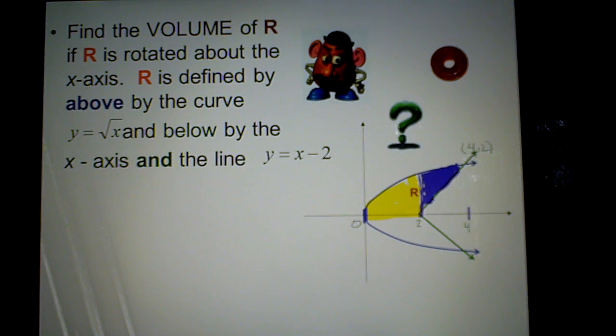So I can attack this problem by doing potato chips here and lifesavers here. And again, the difference is the yellow shaded area lies all the way along the axis of rotation, and the purple, there's a space between the image and the axis of rotation.